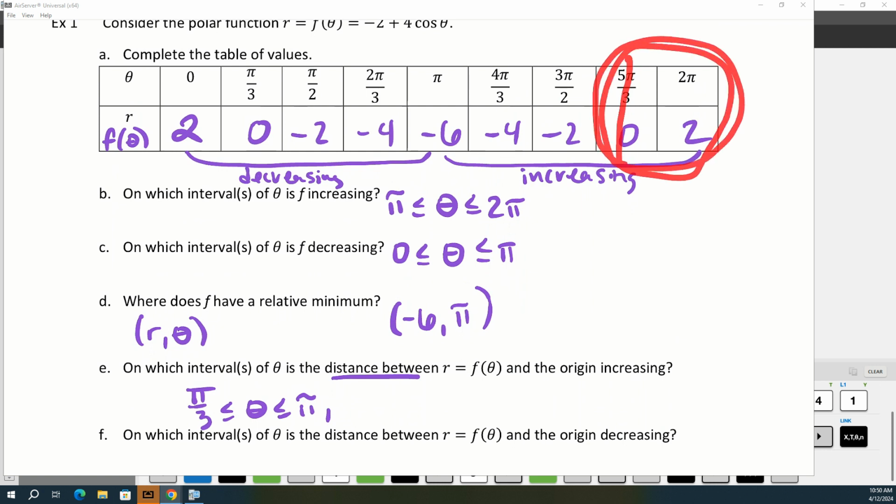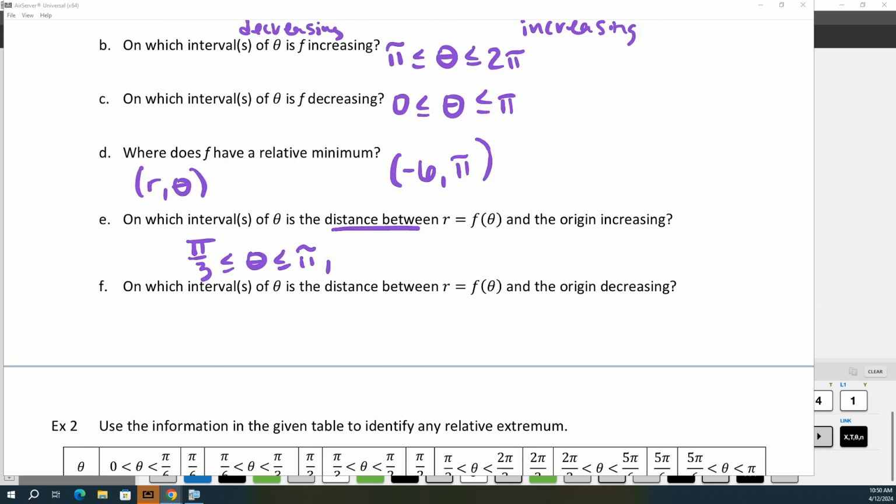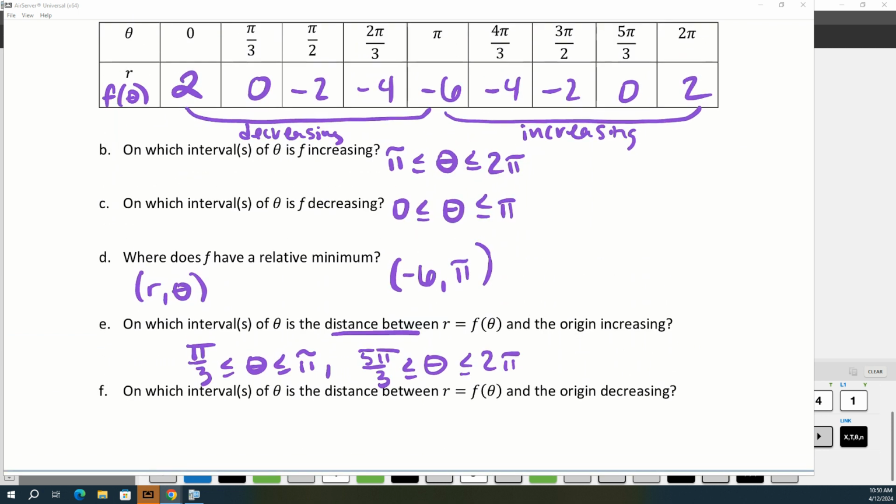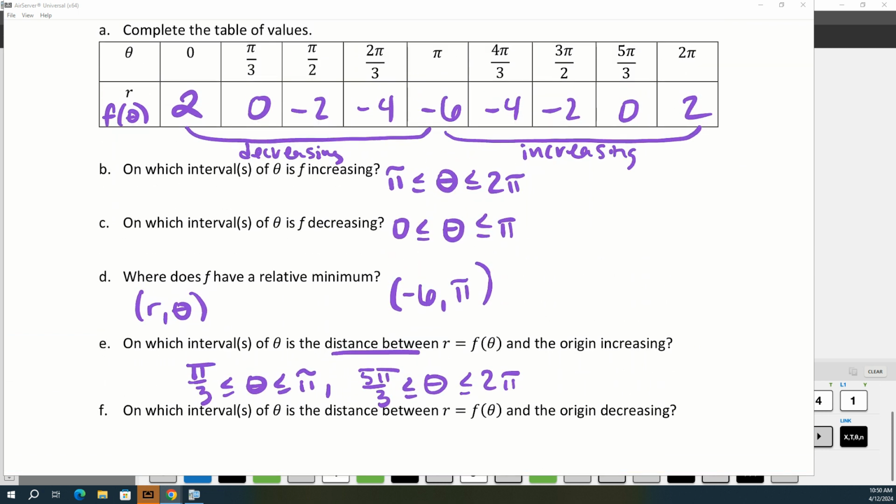This is our other interval, so from 5 pi over 3 to 2 pi. Right, and then all the other intervals are going to be decreasing intervals, but what we're looking for is either positive decreasing, so here, or negative increasing, so there.